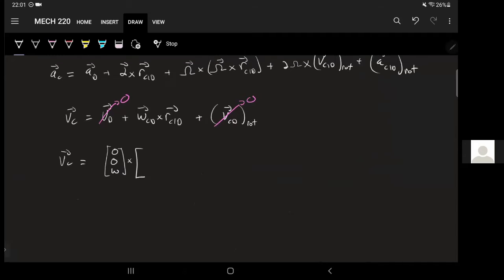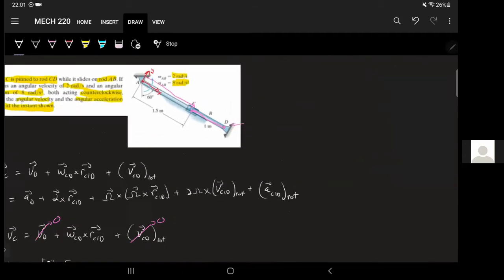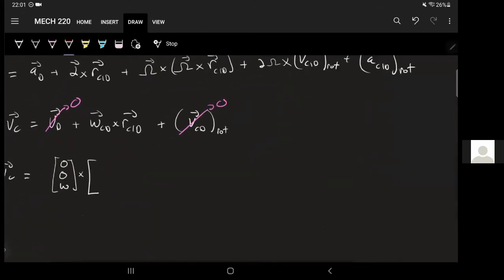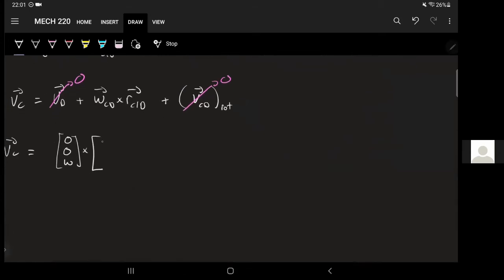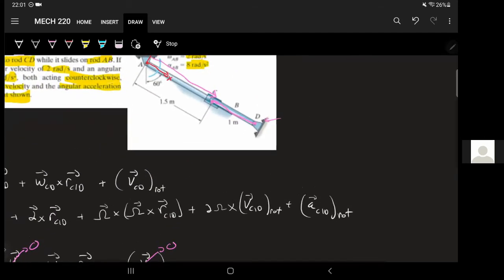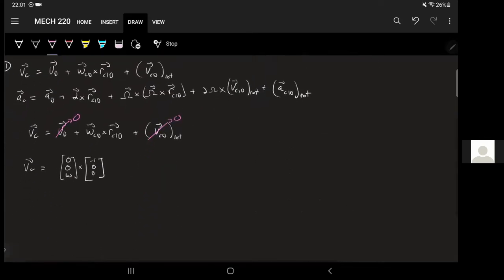I am just left with VC equal to omega CD cross RCD, which is 0, 0, omega cross. The distance is just 1 meter in the x direction, so this is going to be minus 1, 0, 0, because we're going from D to C, so we're going in the negative x direction.